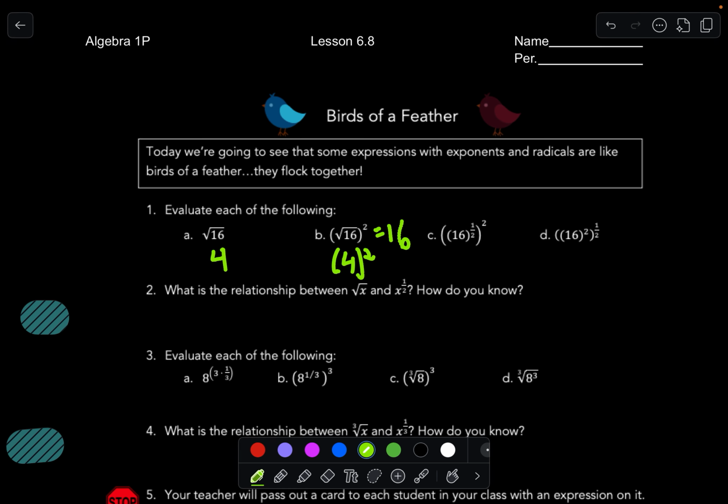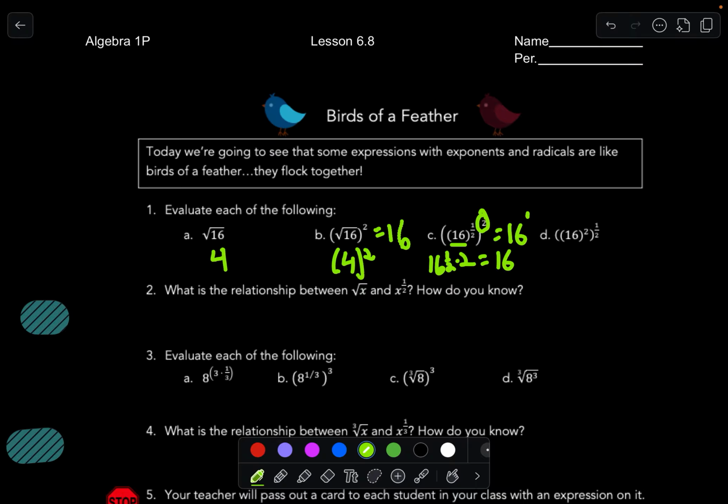Now they got this weird 16 to the 1/2 power squared. Now remember, properties of exponents. When you raise a power to a power, you multiply the exponents. So 16 to the 1/2 squared is 16 to the 1/2 times 2, which equals 16.